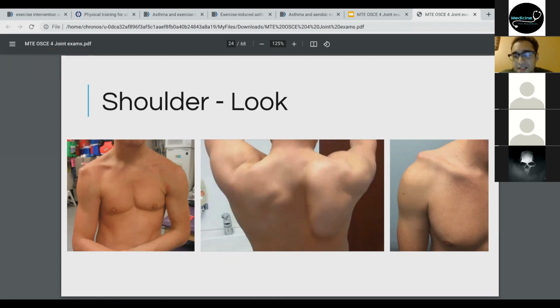And then can anyone tell me about the third picture? Clavicular dislocation or fracture. Can you say that again? Clavicular dislocation or fracture. Okay, yeah. So what's happened here, you've got a rupture of the acromioclavicular joint.